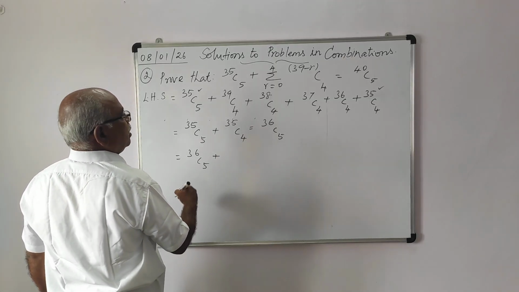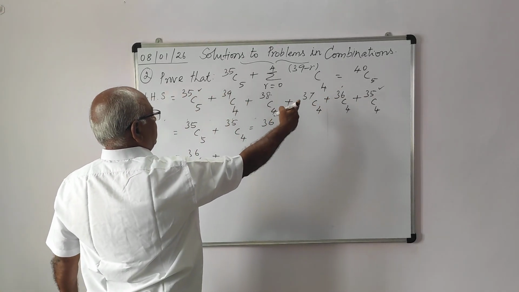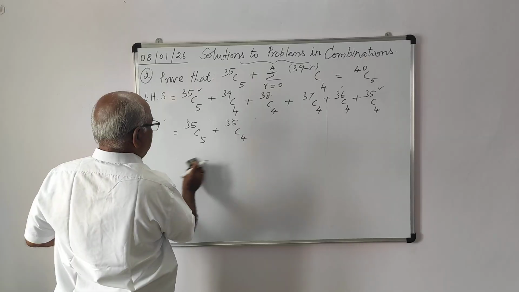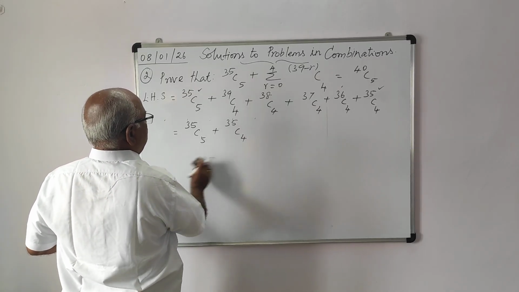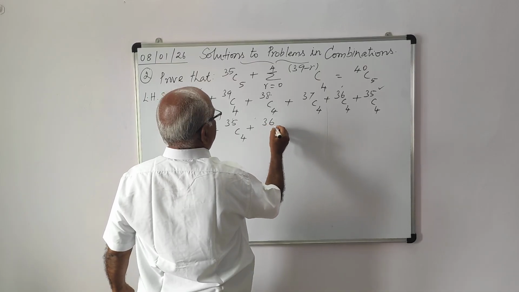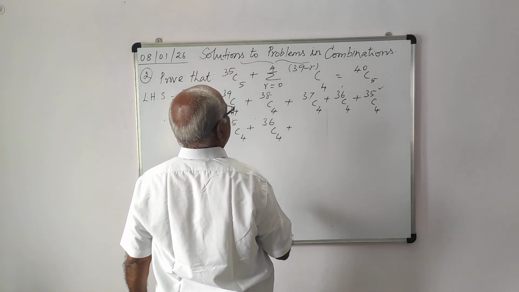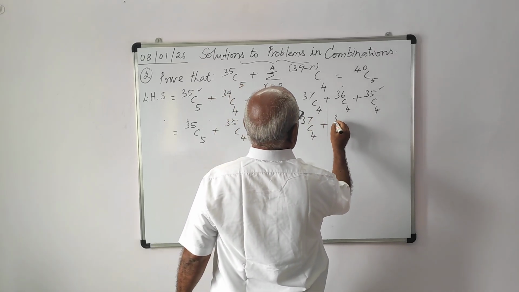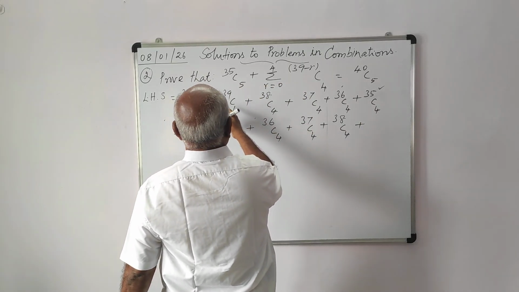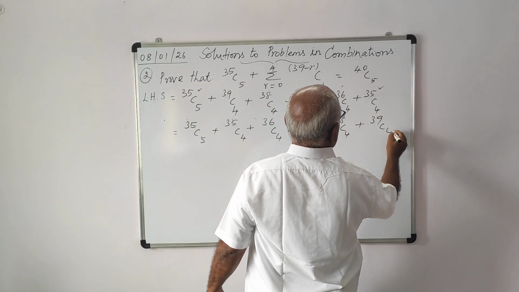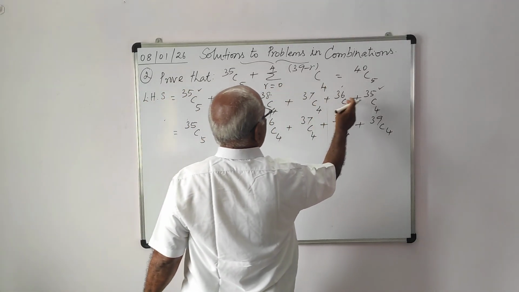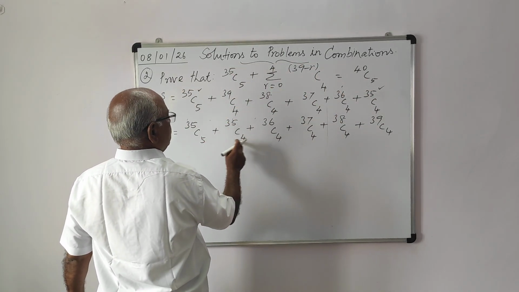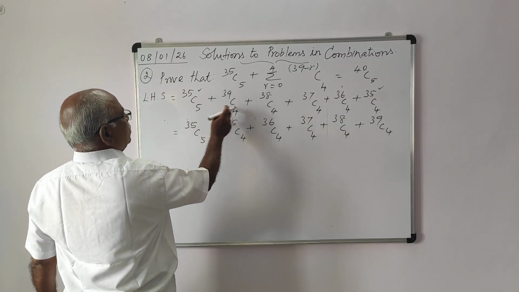So the first and last term gives you 36C5, plus the remaining terms as they are: 36C4 plus 37C4 plus 38C4 plus 39C4. There are 6 terms in all: 1, 2, 3, 4, 5, 6.